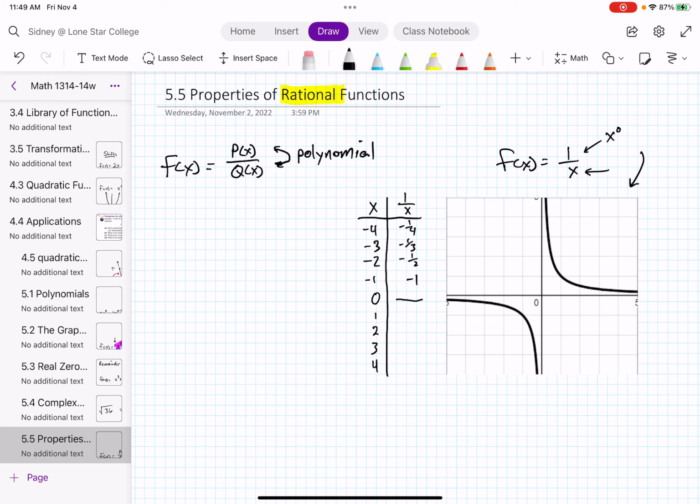Now when we go to the positive side, 1 over 1 is 1, 1 over 2 is 1/2, 1 over 3 is 1/3, and 1 over 4 is 1/4. And if we start plotting these points, we have, let's do some easy, obvious ones, 1, 1, and at an x value of 2, it's at 1/2. And an x value of 3, we have 1/3.